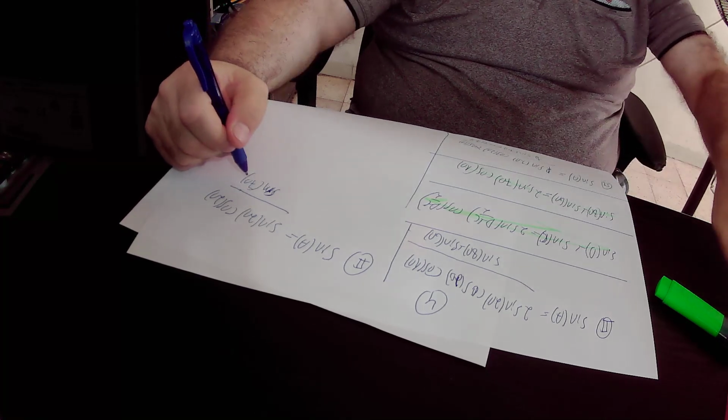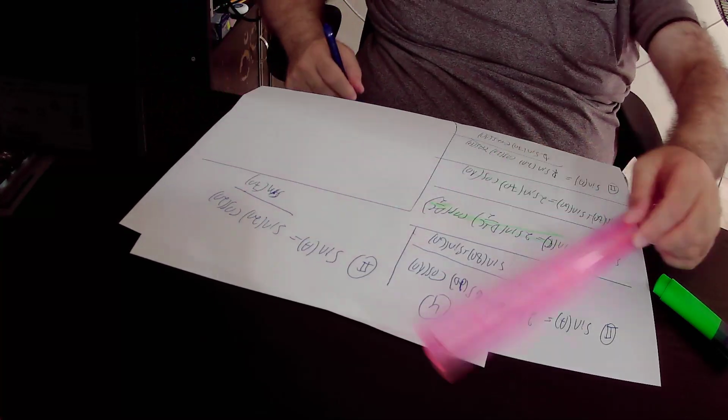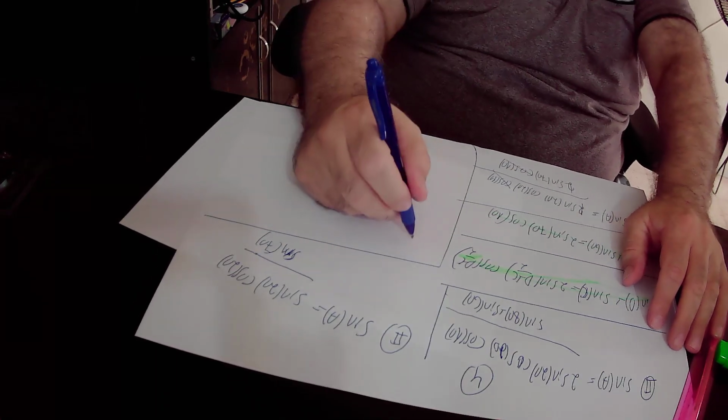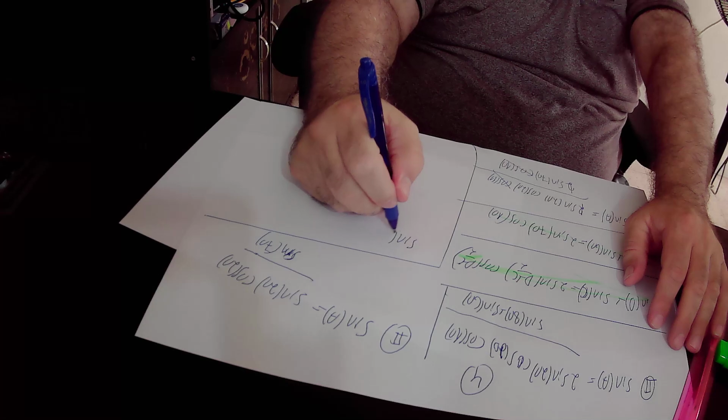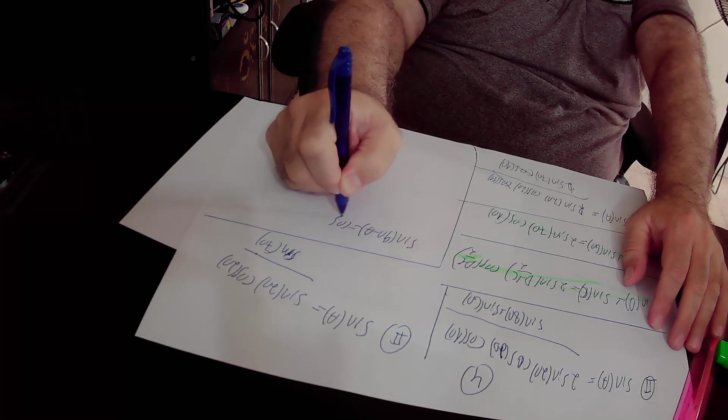In the next step, I present to you the last trigonometric identity. I will use the trigonometric identity for sine 70 degrees. The trigonometric identity states that sine 90 degrees minus theta equals cosine theta.